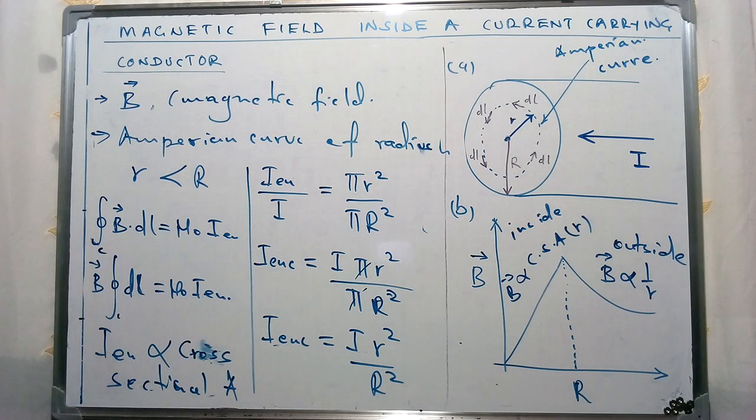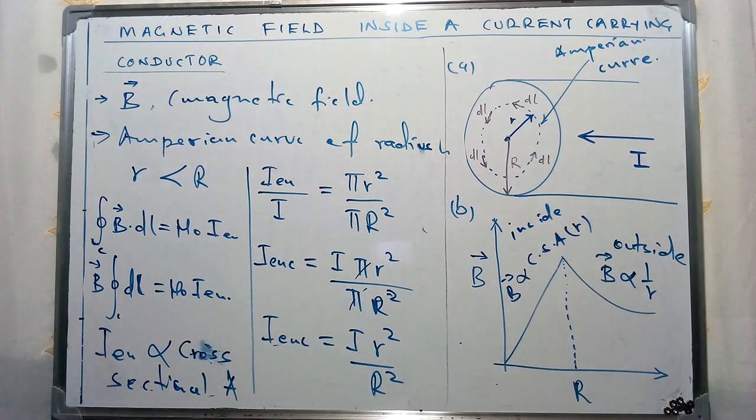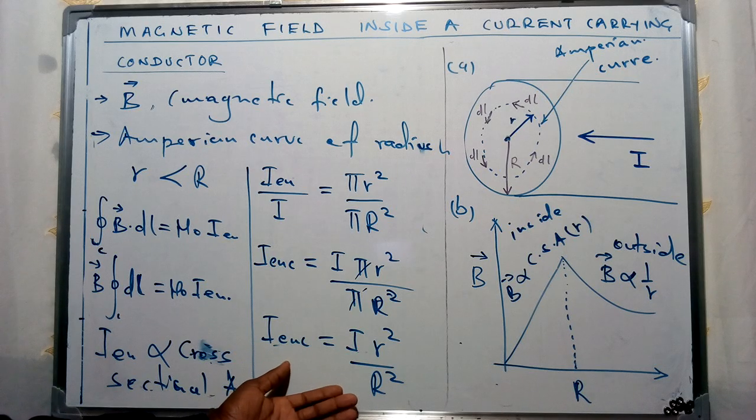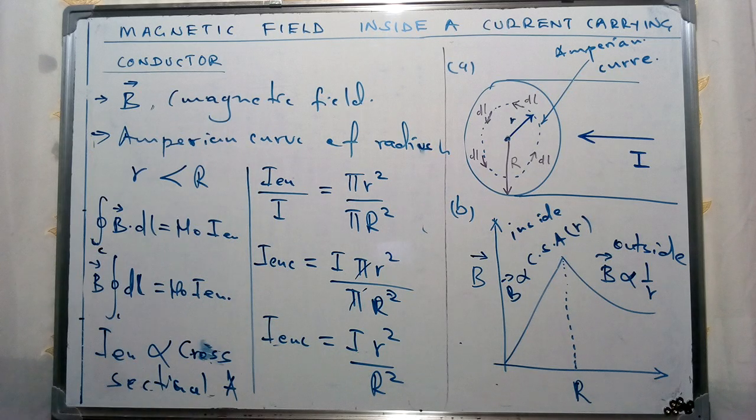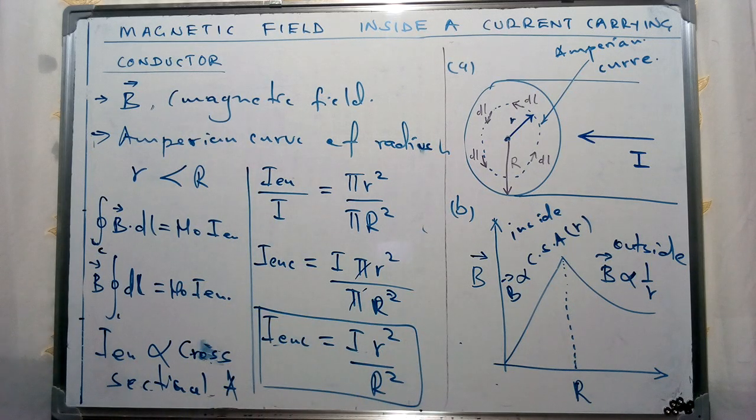And this basically is going to define the relationship between these radii and the current which is enclosed. Now, using Ampere's law, we are able to evaluate this specific relationship, which is going to assist us in trying to find the magnetic field. So kindly take note of this particular relationship which we have given at the lower part of the board.